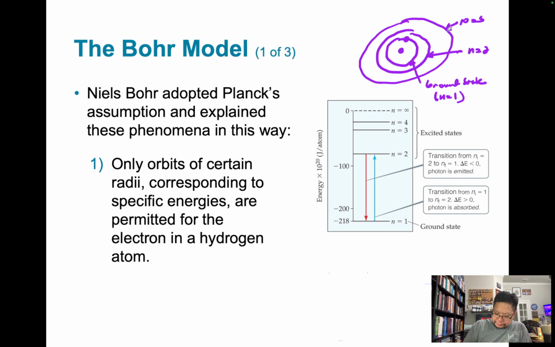So what happens is that when you pump electricity into an atom, it will promote one of its electrons from the ground state up to a higher energy level, and that's what we call excited. Once it gets up here, that's called an excited state.